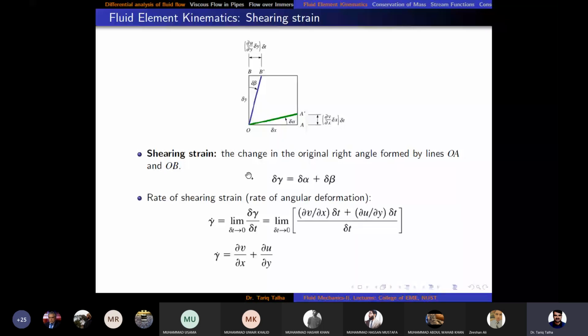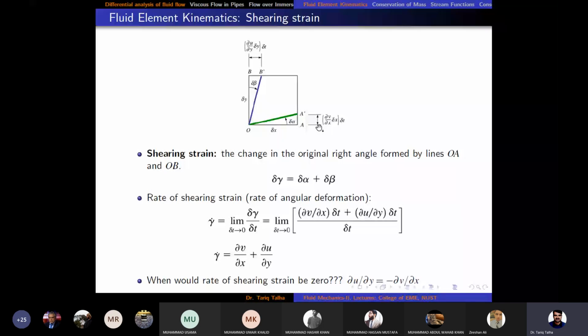So we can get the value of rate of shearing strain, that would be equal to partial v by partial x plus partial u by partial y. If we put shearing strain equal to 0, then the condition would be partial u by partial y is equal to minus partial v by partial x.